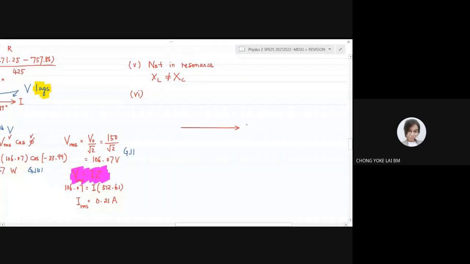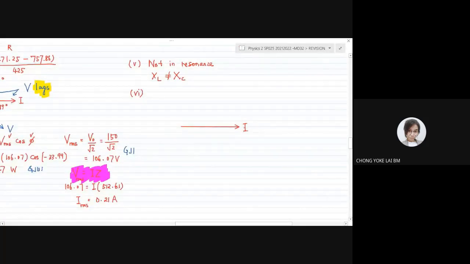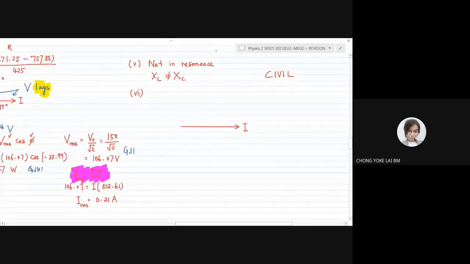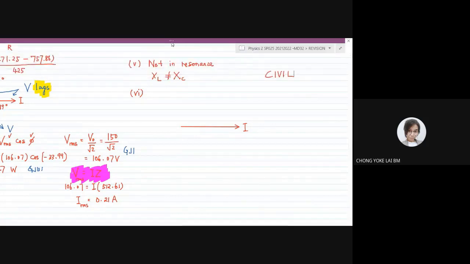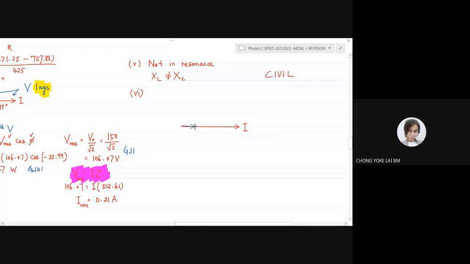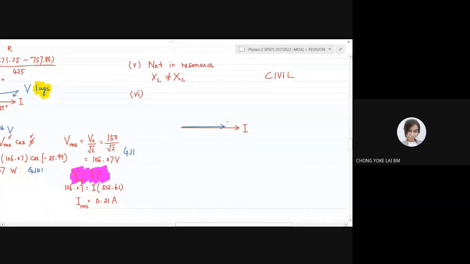So ini I. Lepas tu baru you lukis phase untuk VR, VC, VL. Pegang kepada konsep CIVIL untuk kapasitor dan induktor. So resistor tak perlu risau, resistor selalu in phase. So voltage untuk resistor selari dengan phase current. Dia in phase. So this is VR.